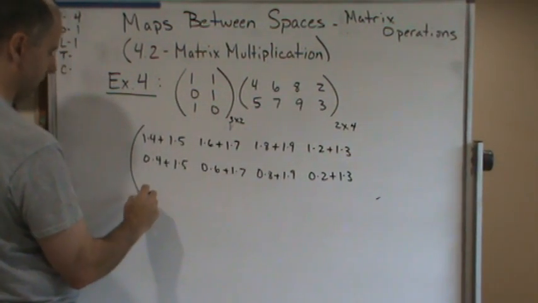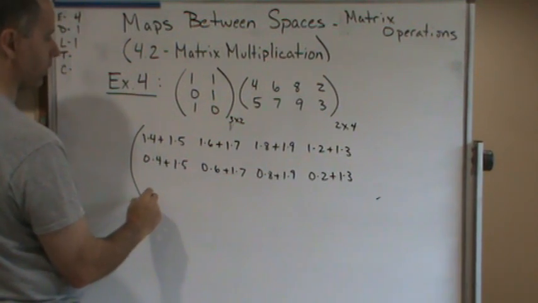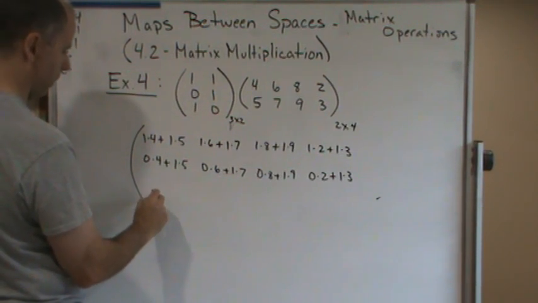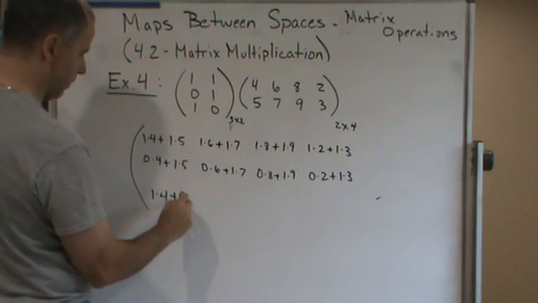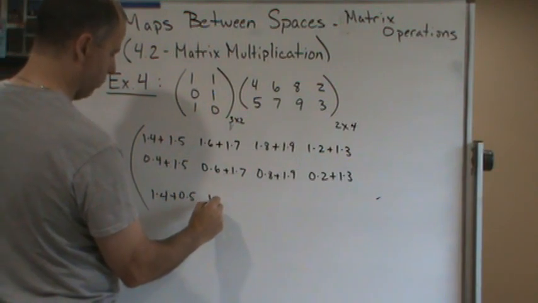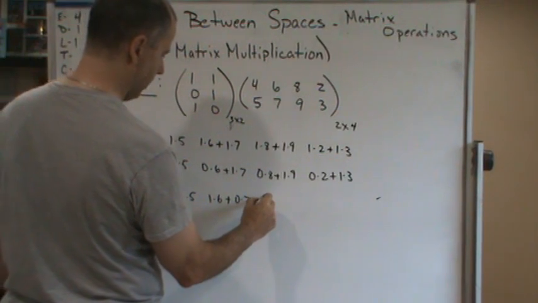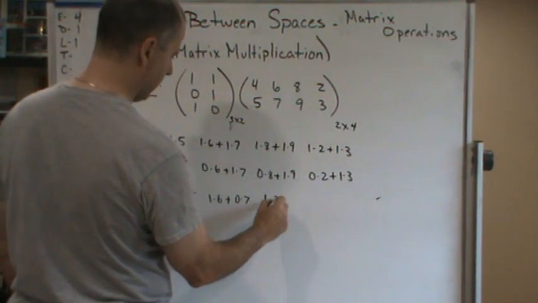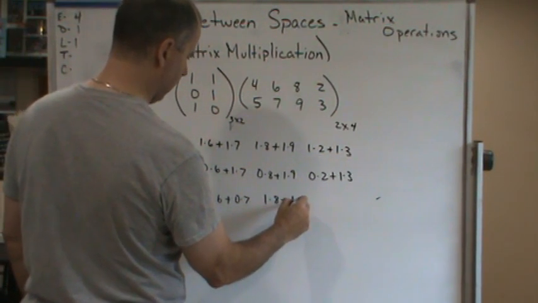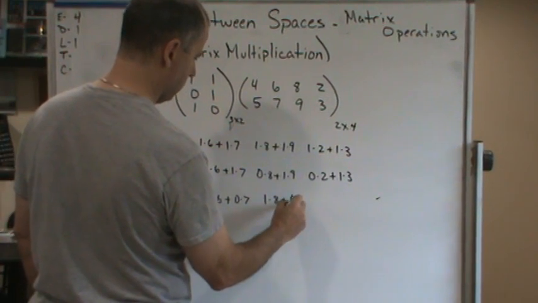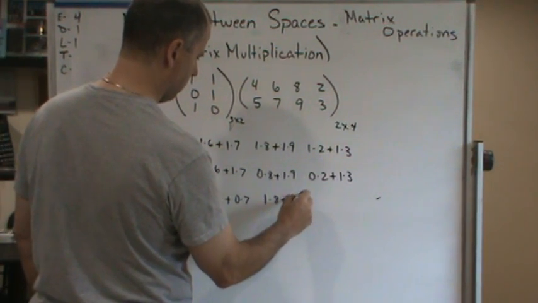So the first entry of the third row is going to be 1 times 4 plus 0 times 5, and then 1 times 6 plus 0 times 7. And then the next entry is going to be 1 times 8 plus 0 times 9.